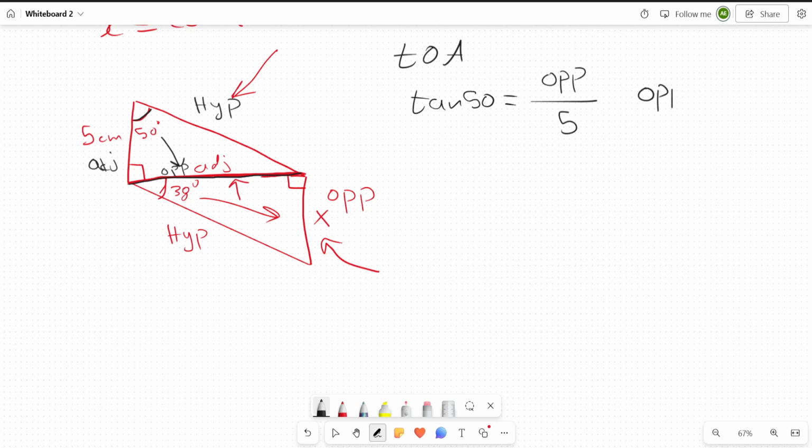So solving for the opposite is going to be 5 times tan 50, and this is going to give me an answer of around 5.96 centimeters. So now I have this side as 5.96 centimeters.